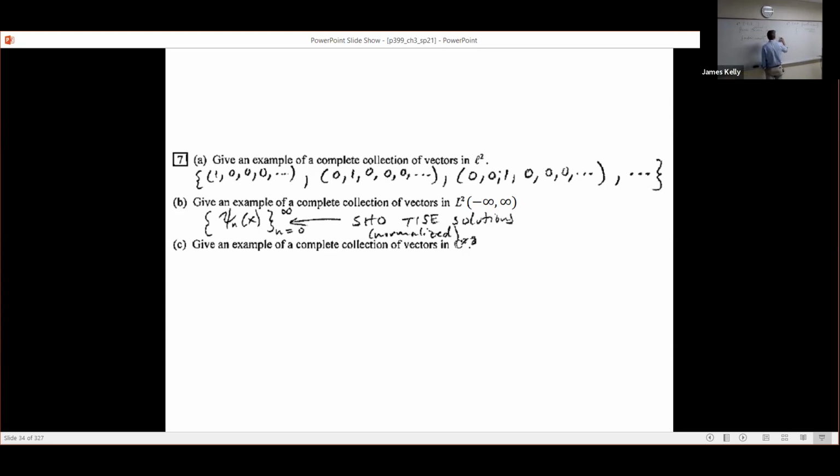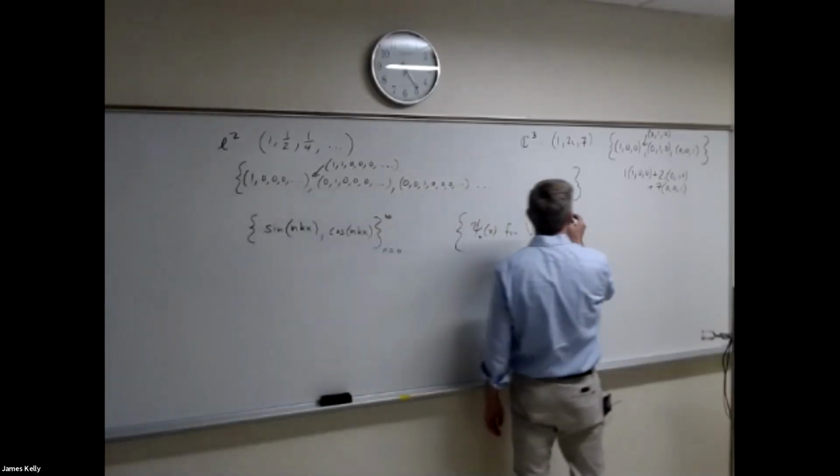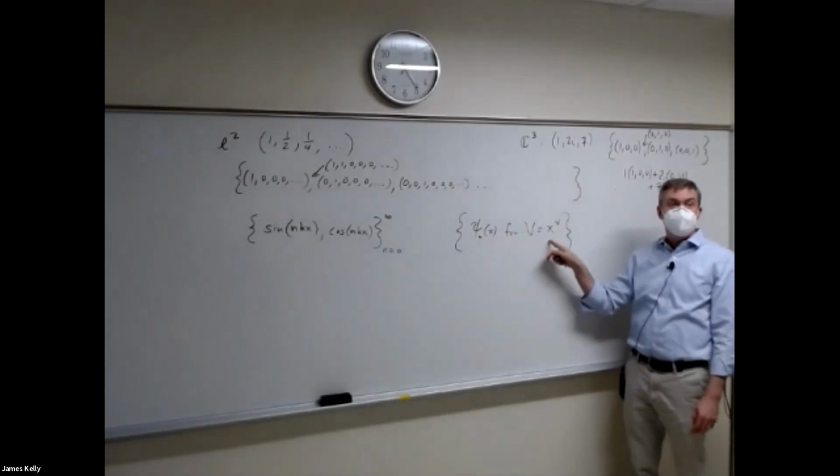the psi n of x for the potential being x to the 4th, and I guess I should, for the sake of the video, unshare this. I'm being a little bit sketchy here, but there's an infinite collection of these. We haven't found them.